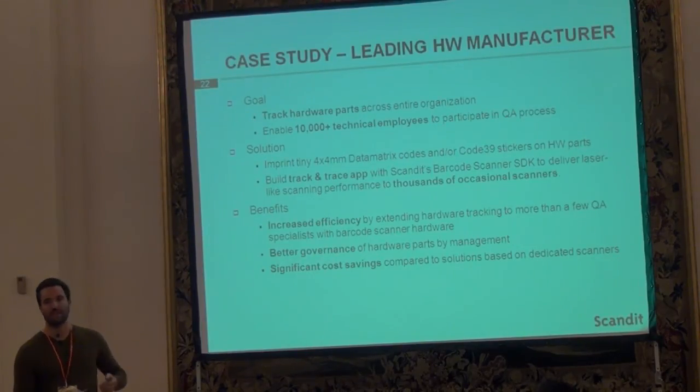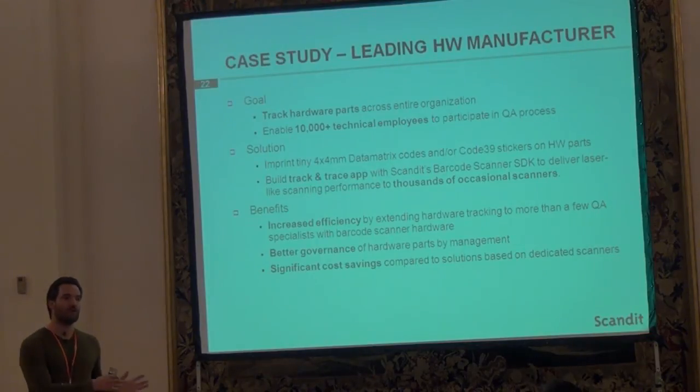So what they did, they built an app that allows essentially 10,000 people to participate in a global QA process. Everybody now carries a scanner in their pocket, and once a hardware part has to move to a different person, or a different department, the device is scanned and registered with the new person.